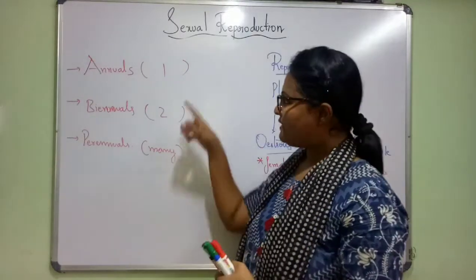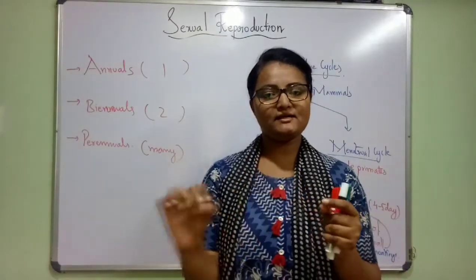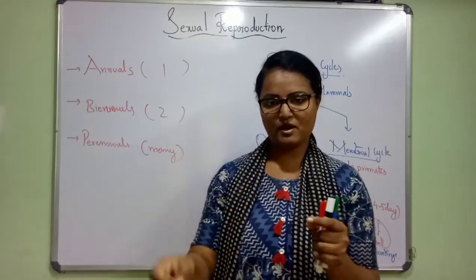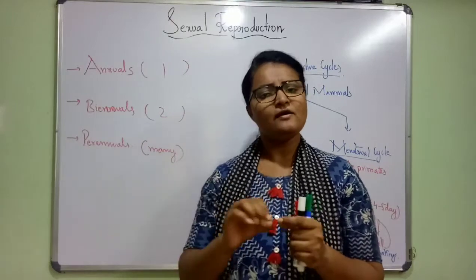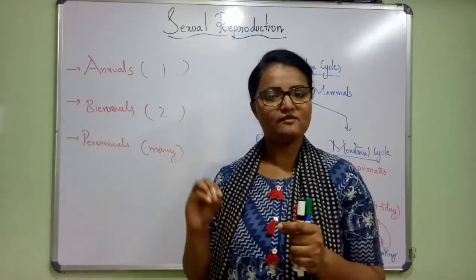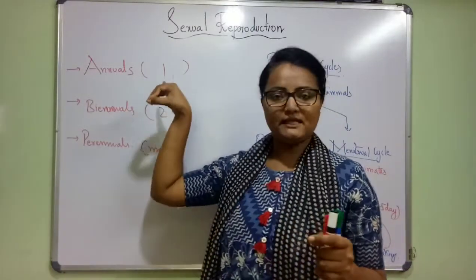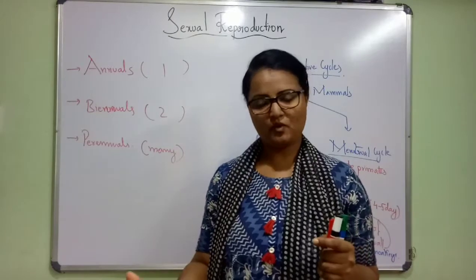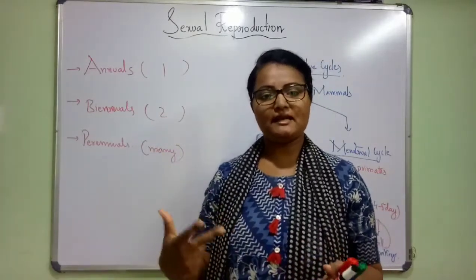Within annuals and biennials there is a clear cut of all the life phases we have studied: the vegetative phase, reproductive phase, and senescent phase. We can observe all 3 phases very clearly. Annuals start flowering at the end of the season within a year, and biennials in the second year.